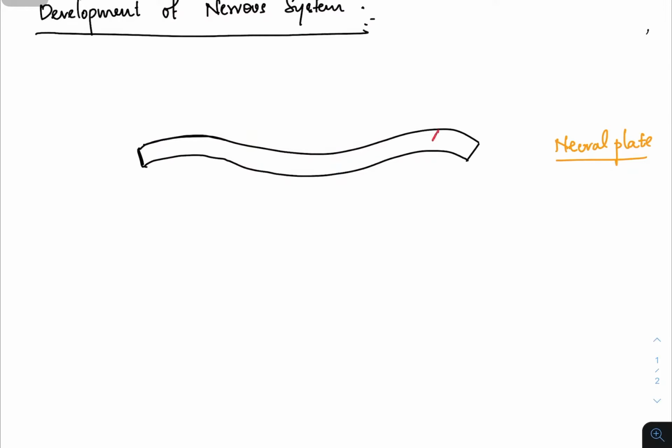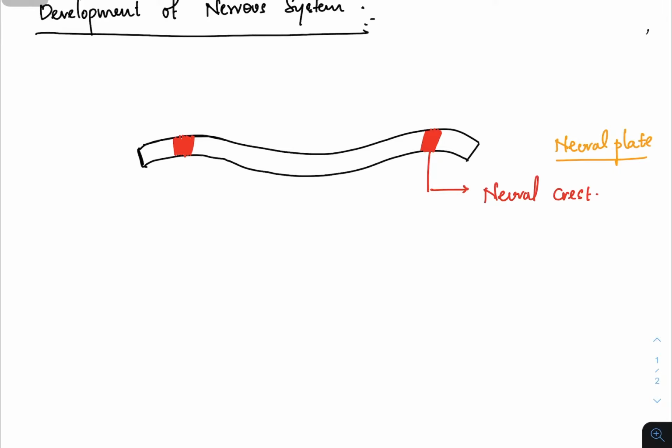Now in this neural plate you have got some different parts. What are these parts? For example, you see this part here in the neural plate, and the same part here. These two red parts which I have highlighted are called the neural crest.